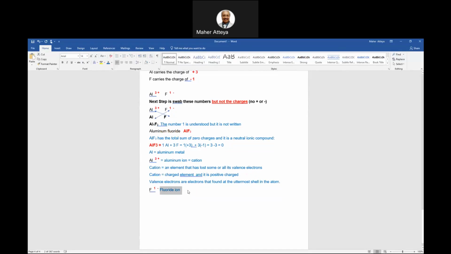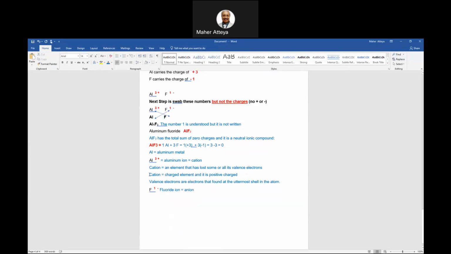And it has a name for that. It's called an anion. Anions, by definition, are elements charged with a negative charge.